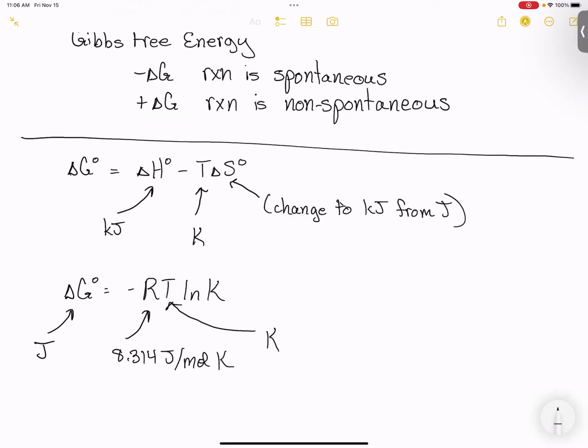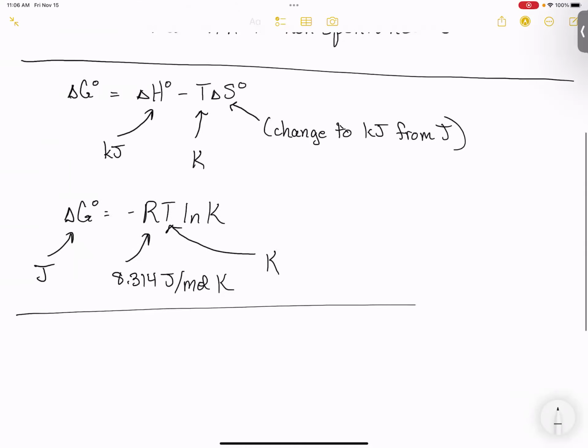So again, with these calculations, the equations are not hard. What students tend to miss on these equations is not paying attention to their units. So pay attention to your units.